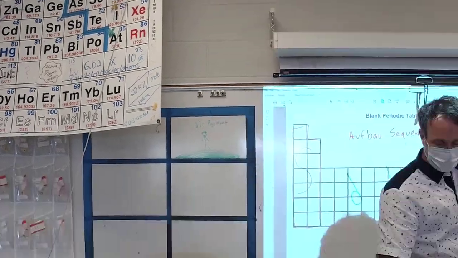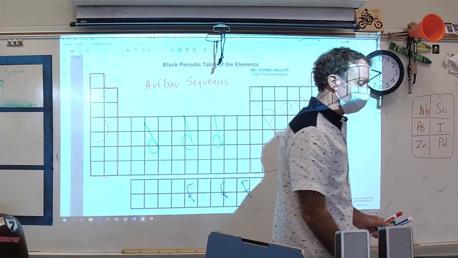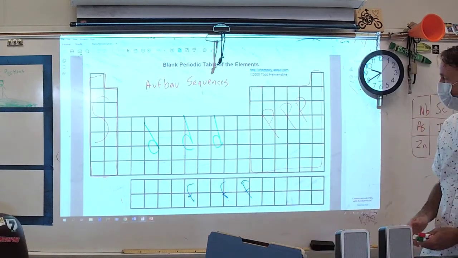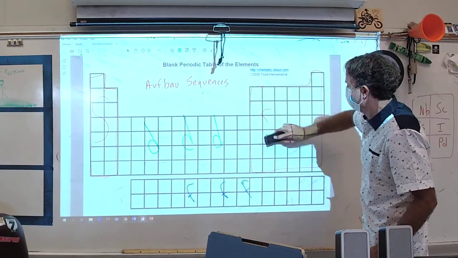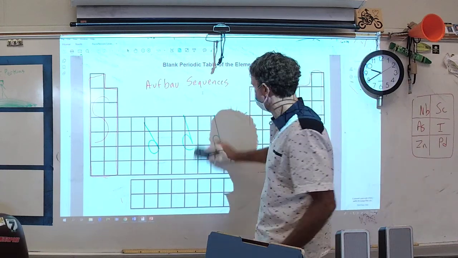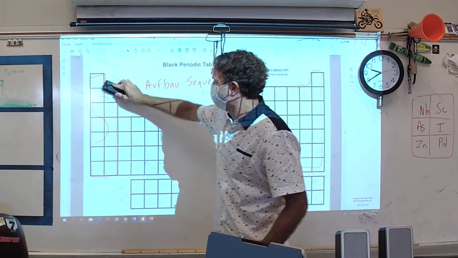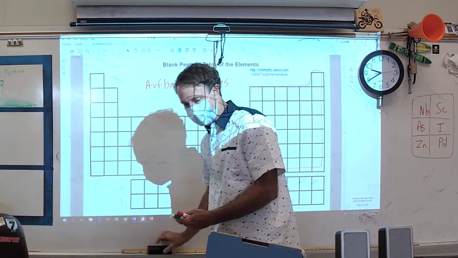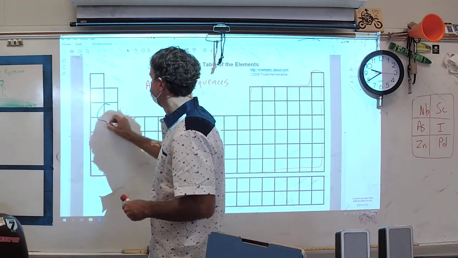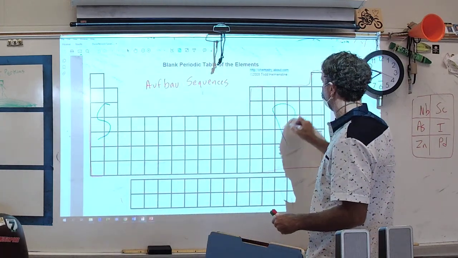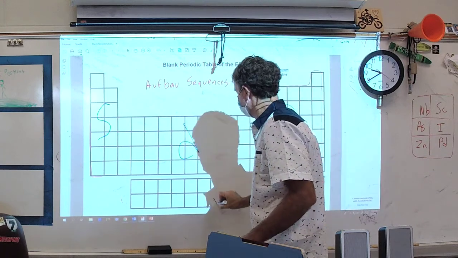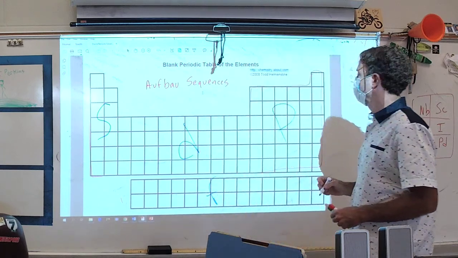So let's quickly write an Aufbau sequence for an element, okay? I'll tell you what, I'm going to write S, P, D, and F on here as we do it. How about, let's do a simple one.